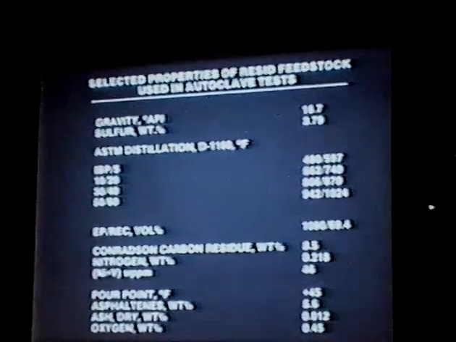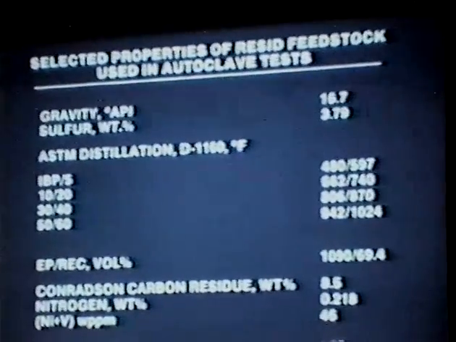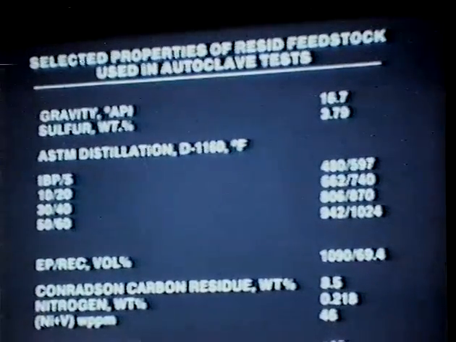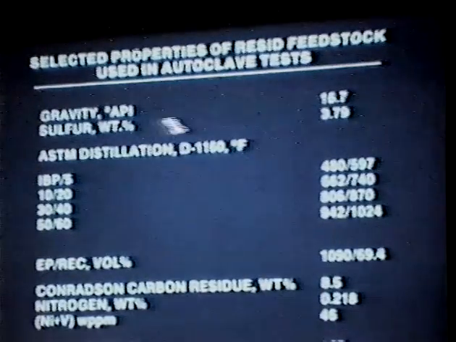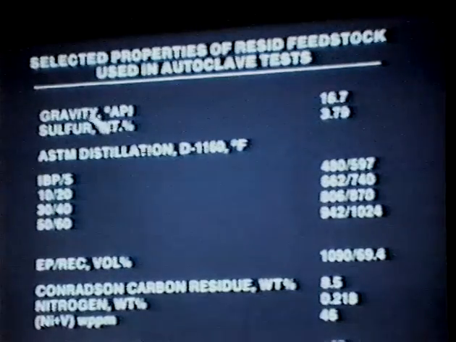At the time we started this work, I didn't have access to a flow reactor, so we had to use an autoclave to conduct some initial resid activities. This slide shows those of you who are not familiar with some of these feeds what a resid feed looks like that we were using in those days.